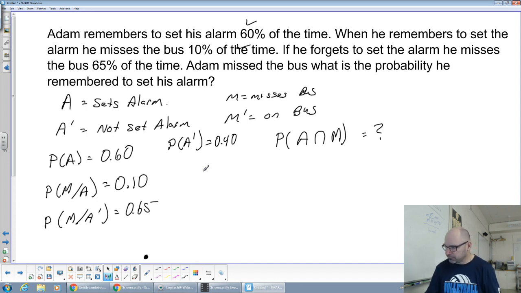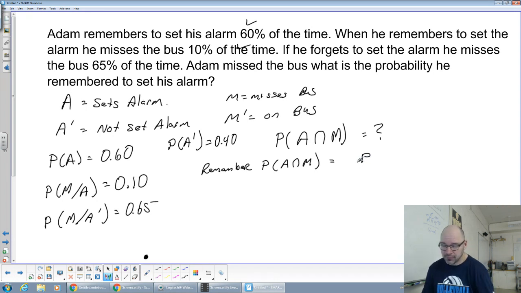So if we remember, P(A and M) equals P(A) times, sorry, P(M given A), that he set the alarm and he missed the bus, given that he set the alarm.